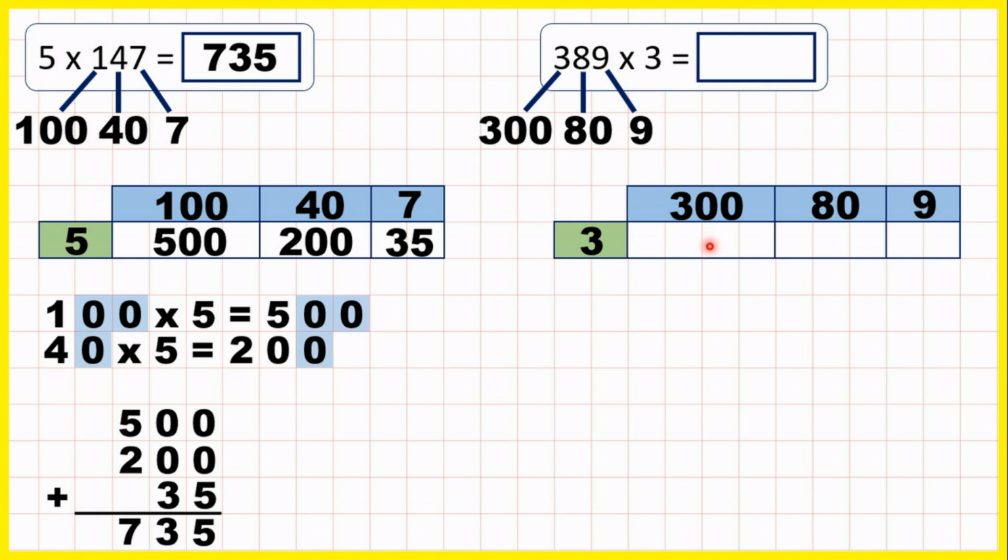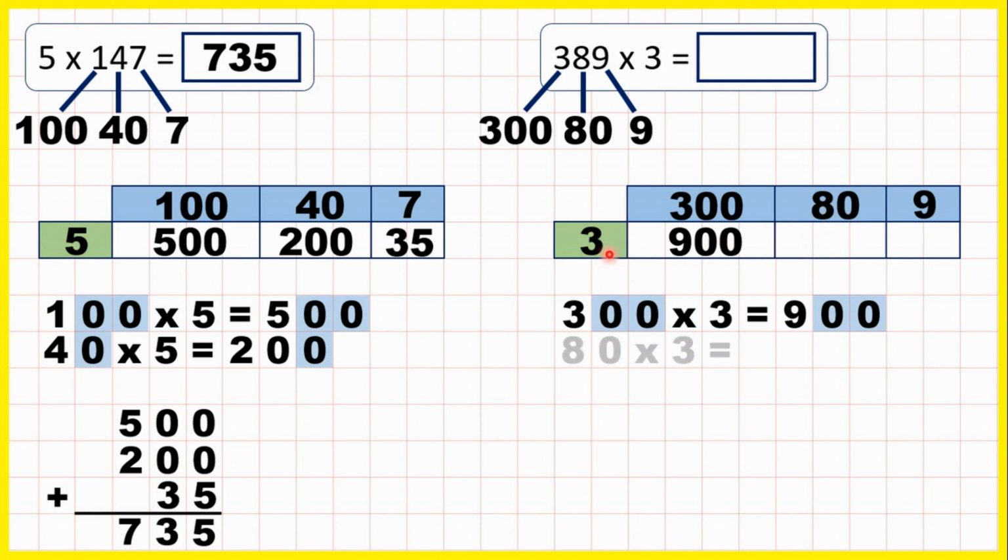Now for this box here, we need to work out 300 times 3. That's 900, because 3 times 3 is 9, then if we have 2 end zeros in the question, we need 2 end zeros in the answer, so that's 900. Now for this box we have 80 times 3, which is 240, because 8 times 3 is 24, then 1 end 0 in the question means 1 end 0 in the answer.